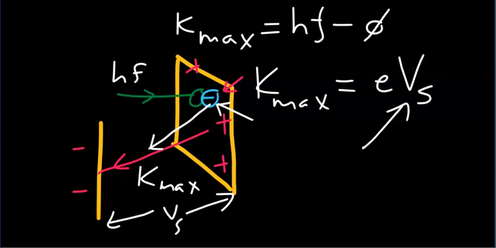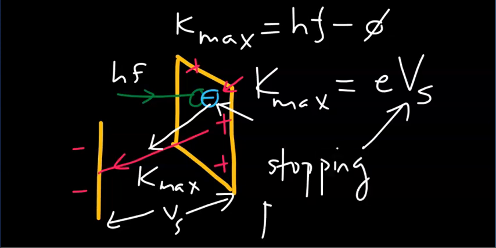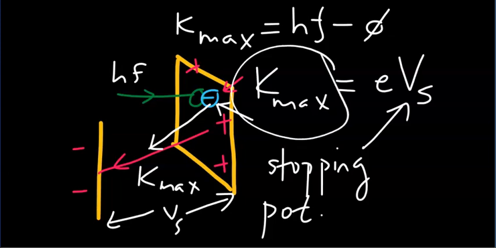And this is called the stopping potential. So by measuring the stopping potential, we can calculate the maximum kinetic energy of these electrons, because we know the value of e, which is about 1.602 times 10 to the power minus 19 coulomb.